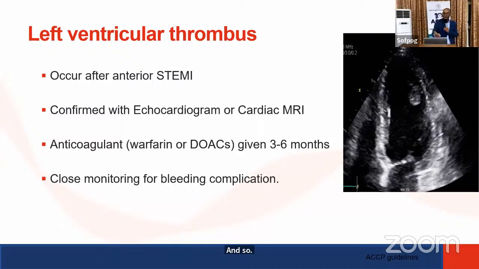But these days, people are using DOACs even though there are no studies to actually prefer their use. I think people use them because of the ease and all that. Whilst the clot is in the left ventricle and you are managing, monitoring your bleeding complications is very important.